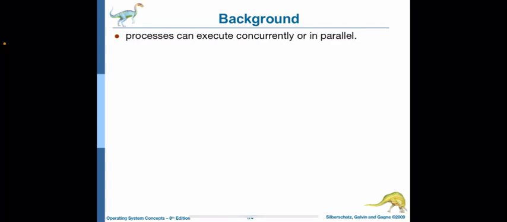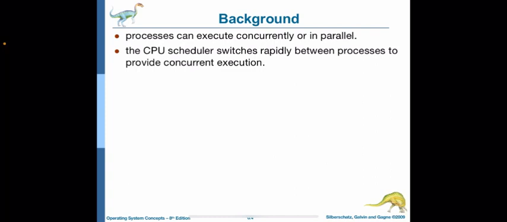Another thing is that processes can execute concurrently or in parallel. We will see what concurrent execution is and what parallel execution is. In concurrent execution, two different processes are in execution simultaneously, but we have only one CPU or one CPU core. In that case, what happens? The CPU scheduler switches rapidly between these processes.